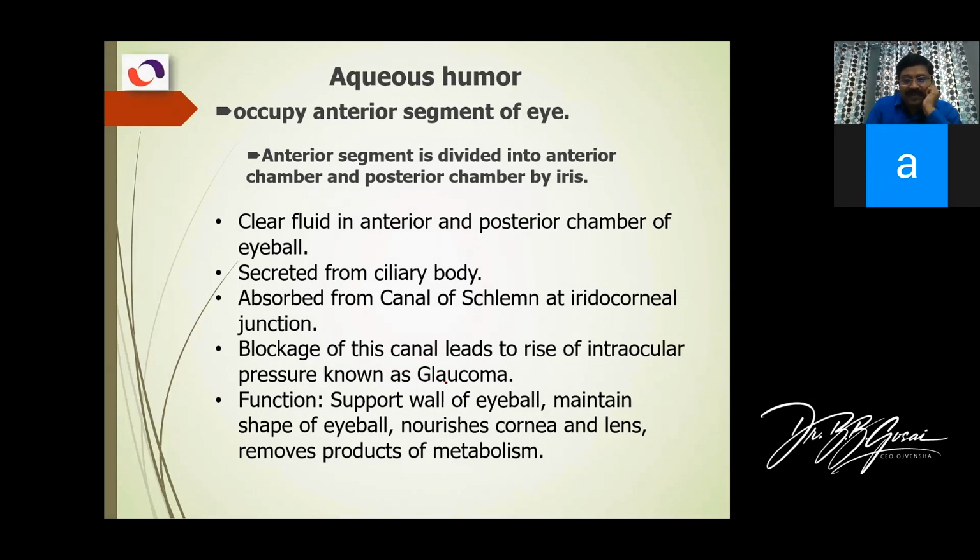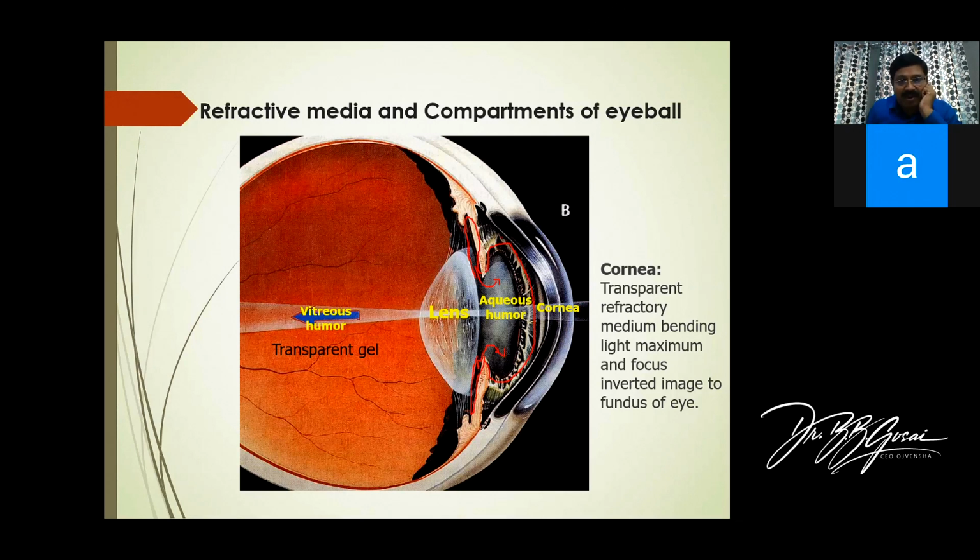If the canal of Schlemm is blocked here, the fluid will not be absorbed. Secretion continues and the fluid is not getting absorbed. So the pressure in this chamber goes on increasing, which is known as intraocular pressure.